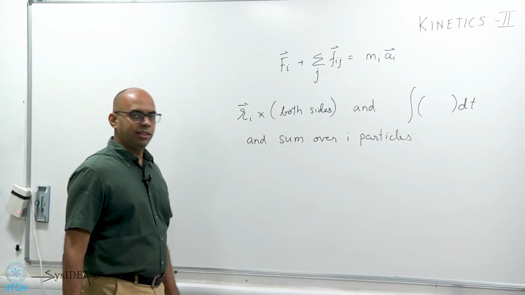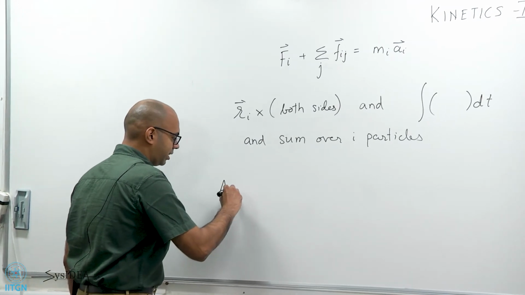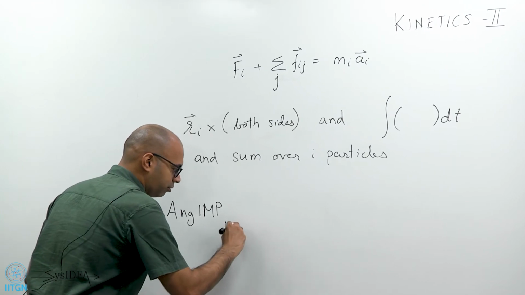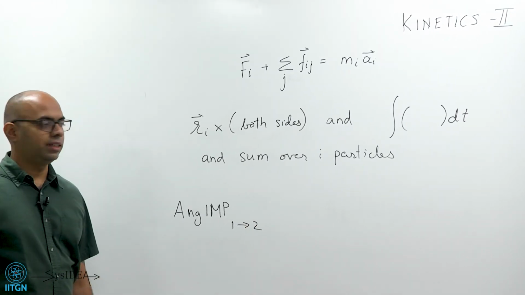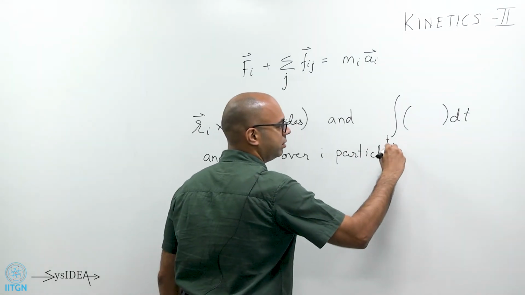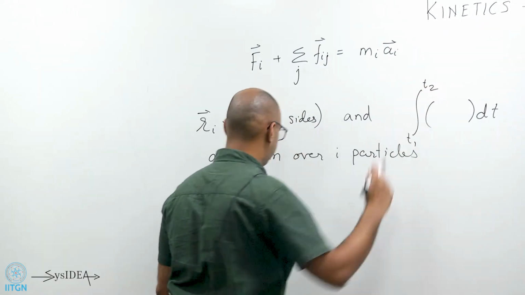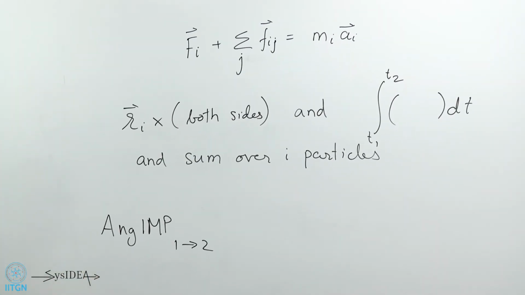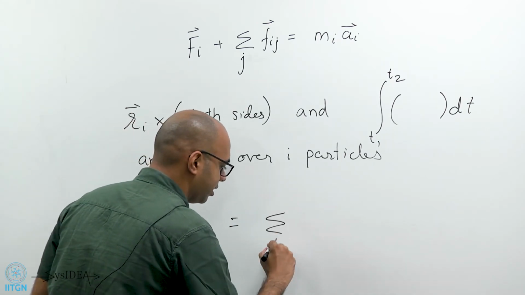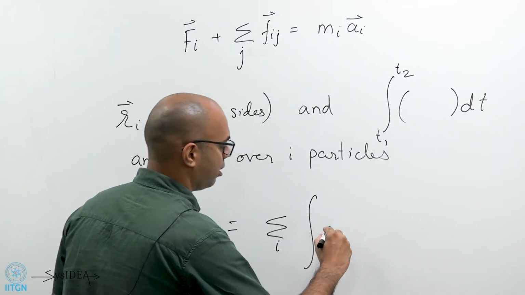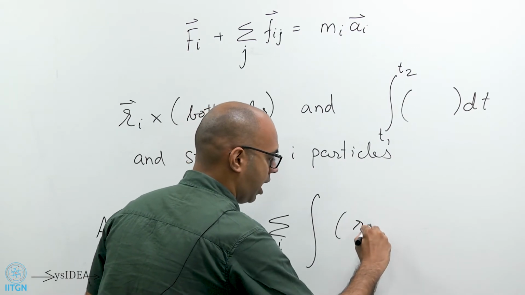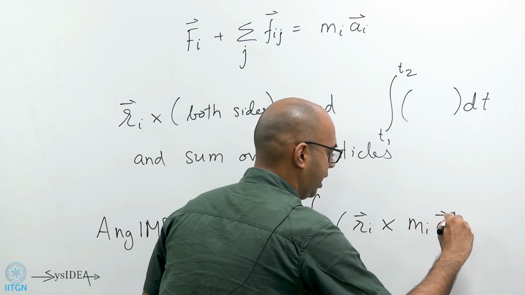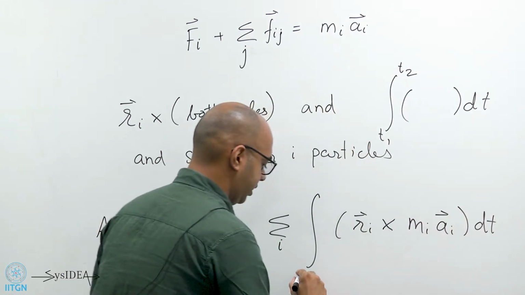And when you do that, on the left hand side you simply get the angular impulse between time instant 1 and time instant 2. Now that is really, the integral is from t1 to t2. Remember, we are talking about time integral now. And the right hand side is really sum over i integral of Ri cross with mi ai multiplied by dt, t1 to t2.